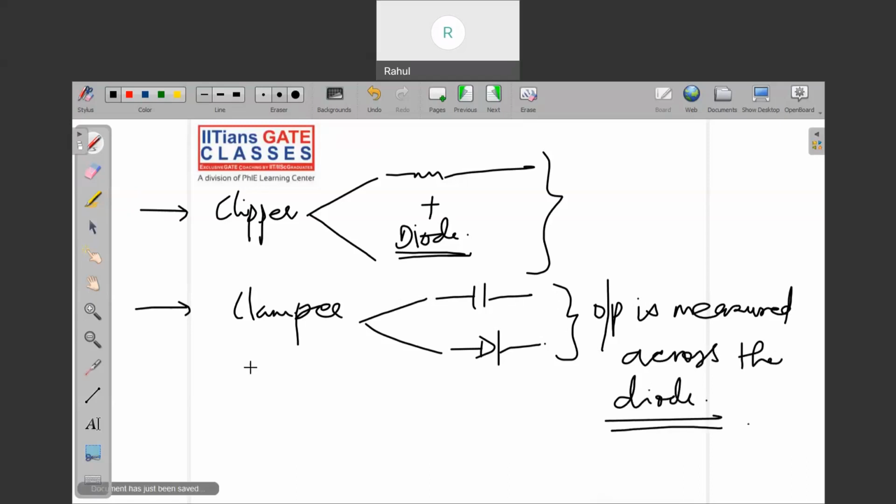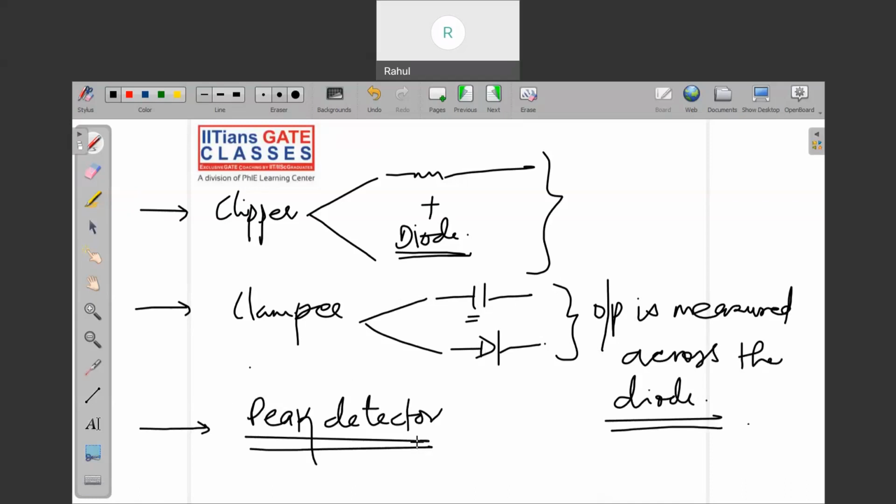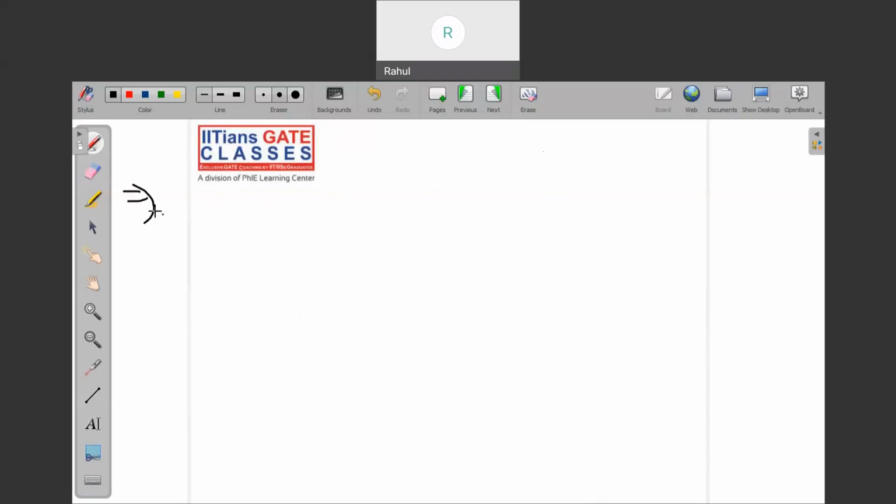These things we have discussed, and if we are measuring the output across the capacitor, that was the peak detector. So we have discussed peak detector as well. Questions can definitely be asked from these topics. In a peak detector, the output is measured across the capacitance. Please keep this in mind.